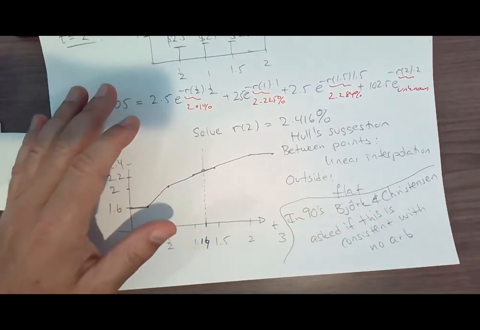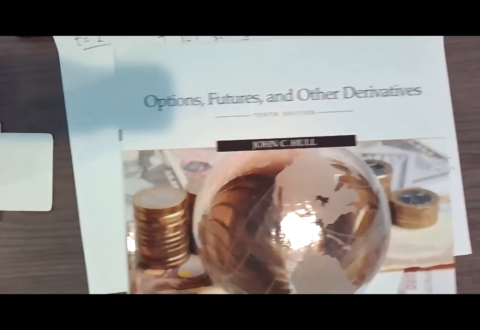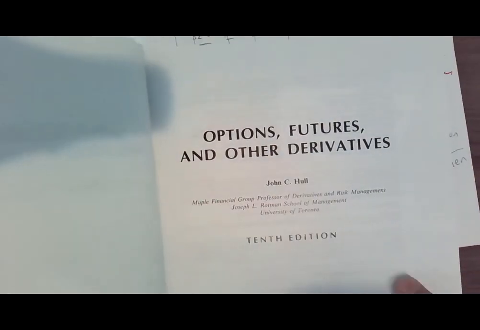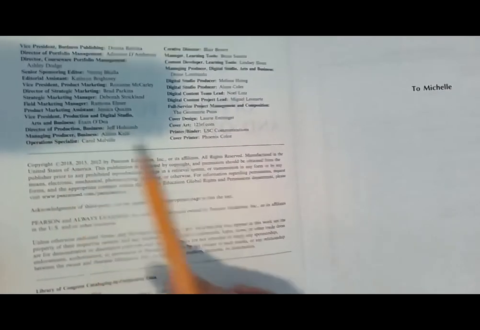So in the 90s, like this book here by Hull, this 10th edition, I think this came out in 2010, if I'm not mistaken. No, it came out much later. It came out all the way out in 2018.